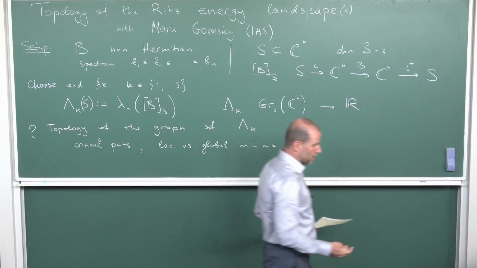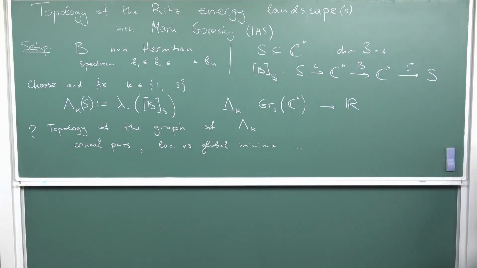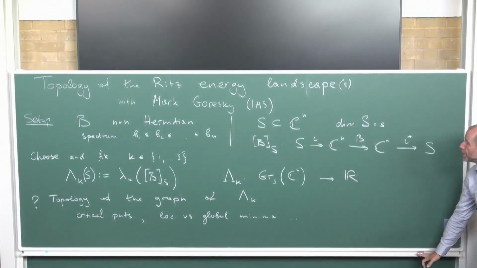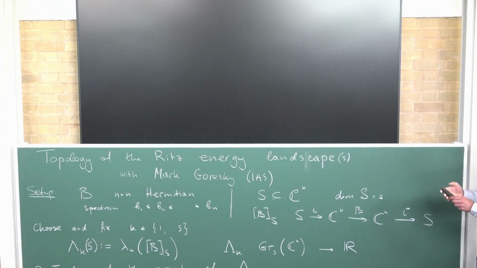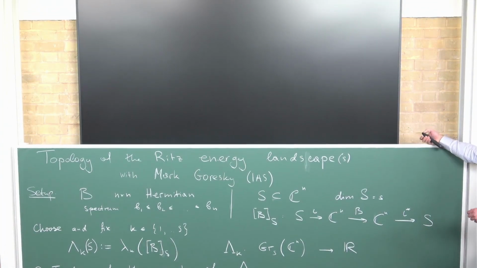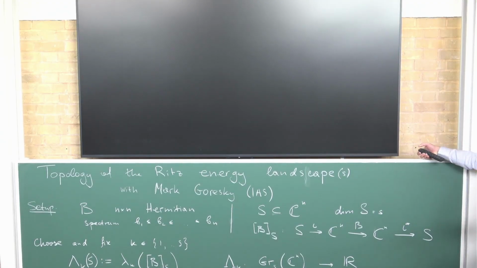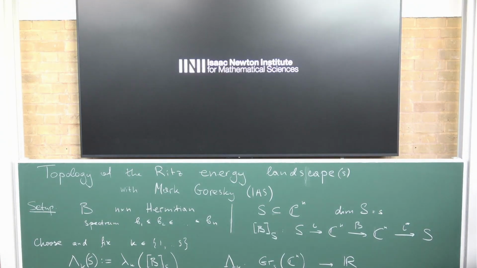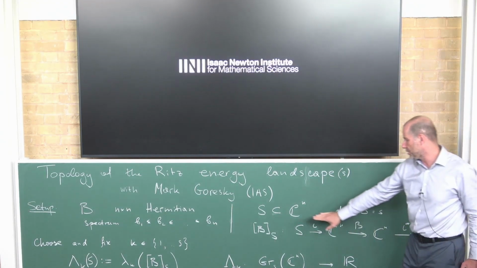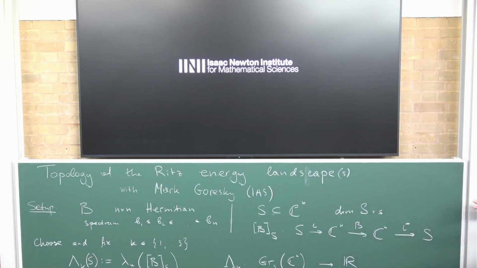Just to give you an idea of how it may look, let me show you some pictures for a simple example. It's a little bit of a cheating example because it's difficult to work with complex spaces, too many dimensions. So I'll restrict myself to real space.